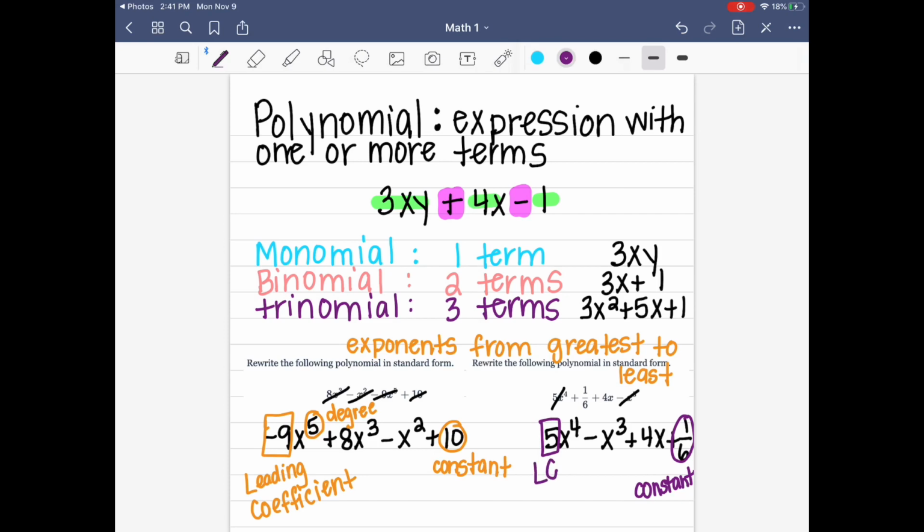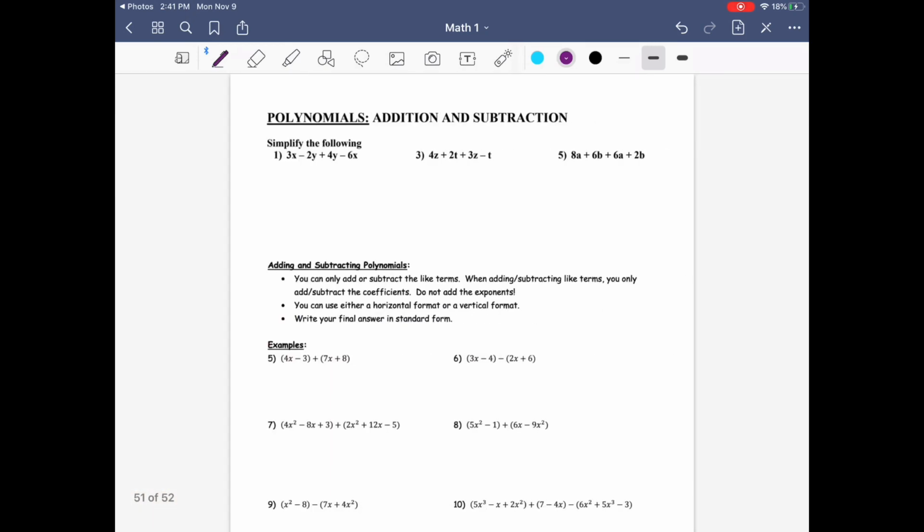My leading coefficient, I'm going to just put LC, is 5, and then my degree is my largest exponent, which is 4. So just a few things to keep in mind. And again, when you put your polynomial in order, you always put in order with the exponents going greatest to least.